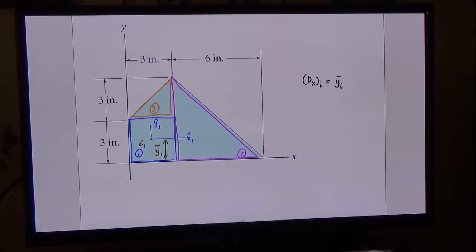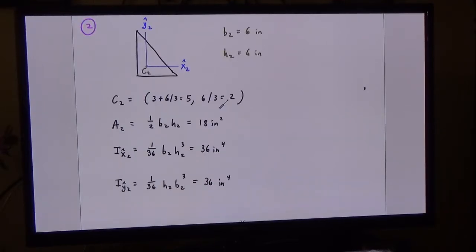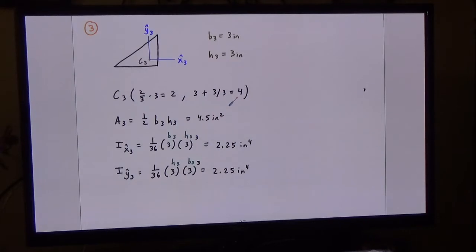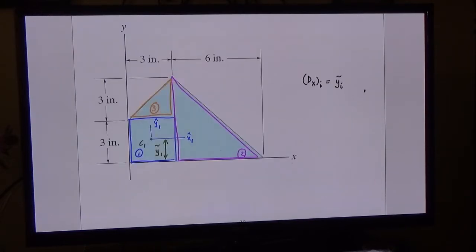So dx for part 1 is equal to y1 tilde, which I happen to already have specified right here. It's 1.5. For part 2, y tilde is 2. And for part 3, y tilde is 4. So kind of just rewriting this all out, I can get I about x. So it would look something like this.